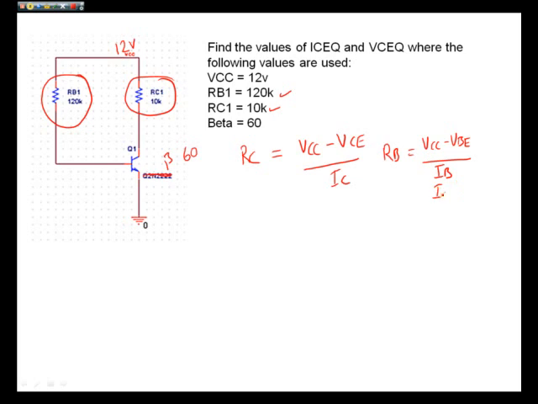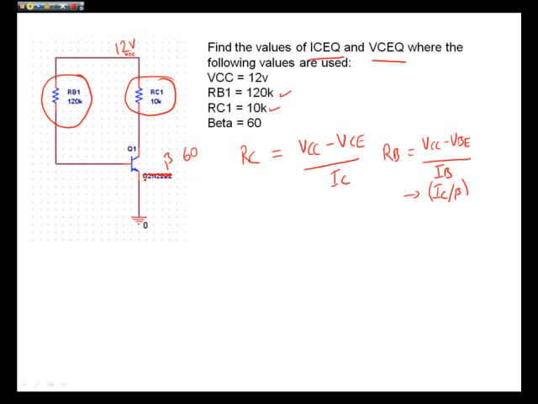We could write, of course, IB is equal to IC over beta if we chose to. So the question you have to answer here is, will this circuit bias correctly? What are the values that we have for ICQ and VCEQ? So will this circuit work?